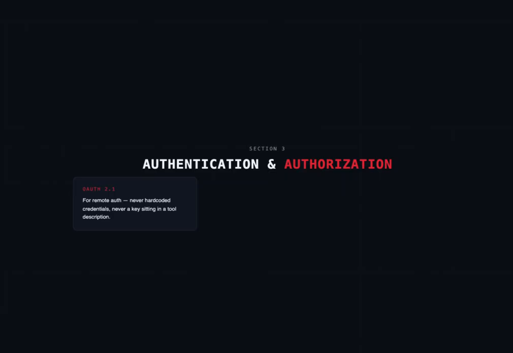Then there's capability negotiation. Client and server agree at startup on which features are actually supported. Security win here is simple. If a server doesn't need sampling, it shouldn't be able to advertise it in the first place.